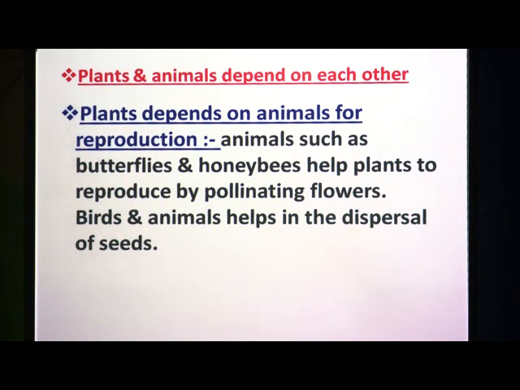So, plants depend on animals for reproduction. How? Seeds of plants get carried over on their bodies, through their skin, etc., and animals help the plants in scattering their seeds. So, in this way plants depend on animals for reproduction.